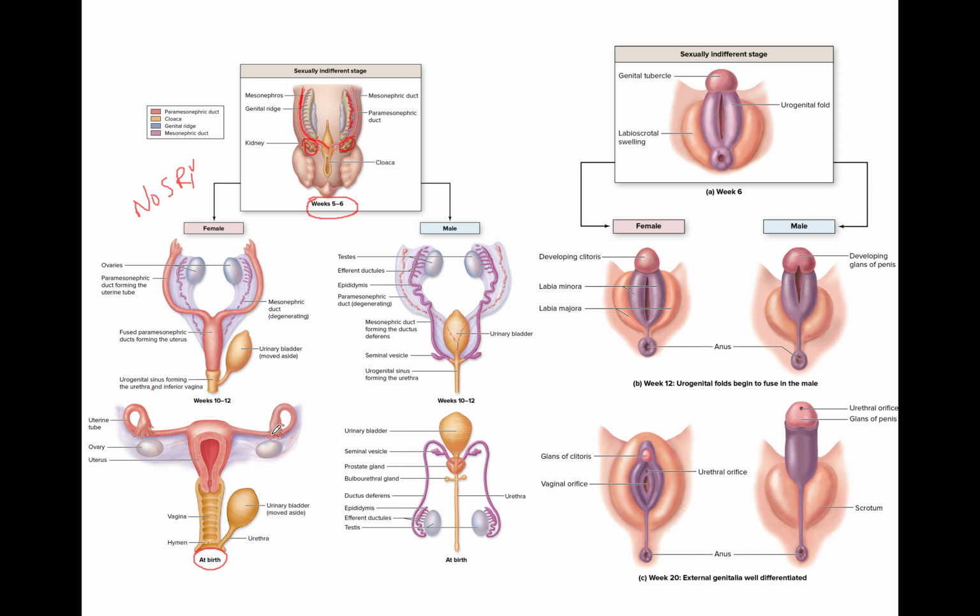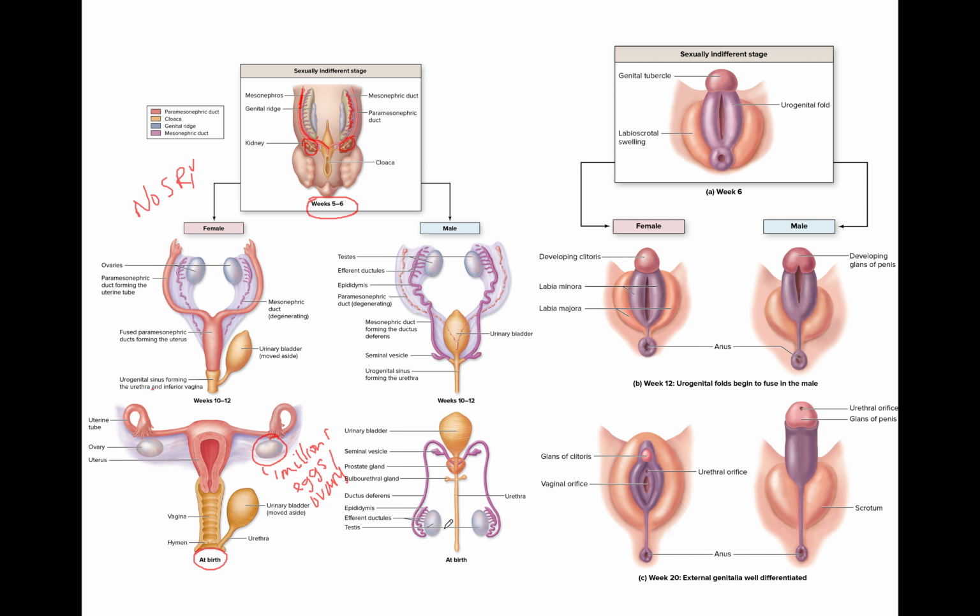An interesting thing is that at birth, females have about 1 million eggs per ovary. So that means every female child that's born will have 2 million eggs at birth.